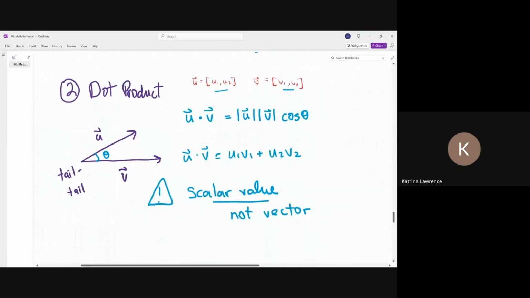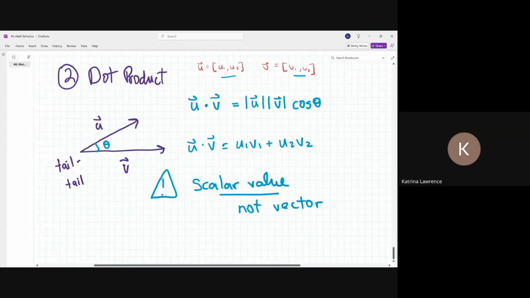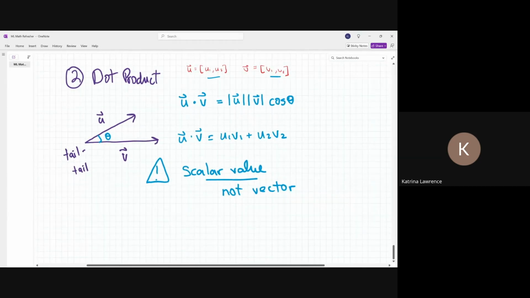Dot product, like I said, can then be used for cosine similarity. If you divide the dot product by the lengths, if you normalize it, then you end up with cosine distance. So dot product is very important there. The other thing is dot product is often used to determine whether two vectors are orthogonal. Orthogonal means perpendicular.